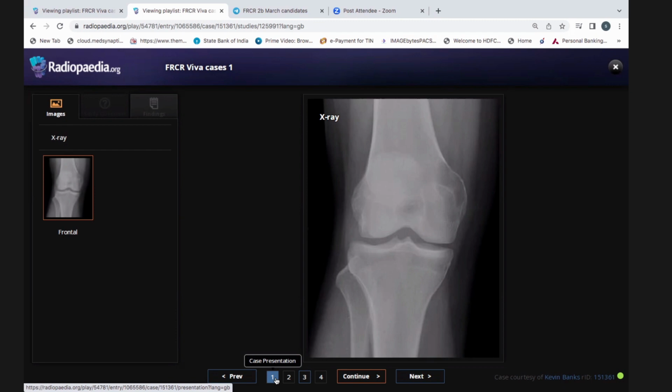This seems to be a non-aggressive bony lesion. From this age, maybe eosinophilic granuloma, maybe a brown tumor. So I need to correlate any previous history and further MRI of this case.